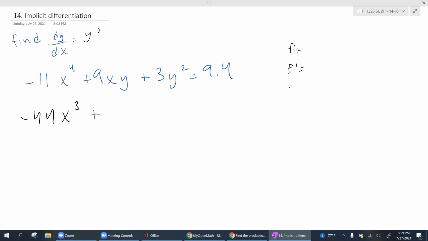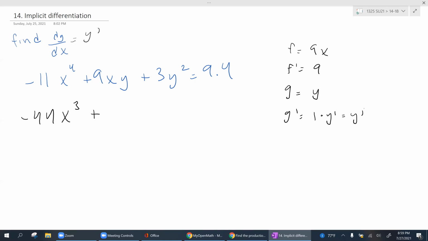I'll let f be 9x and I'll let g be y. F prime is just going to be 9. The derivative of y is just 1, and since I took the derivative of y, I'm going to multiply this by y prime, meaning my derivative is just y prime.